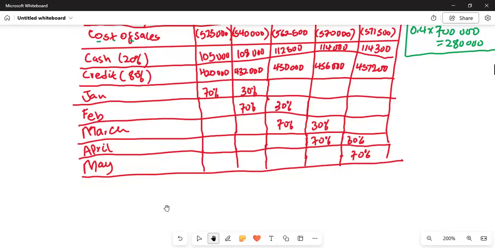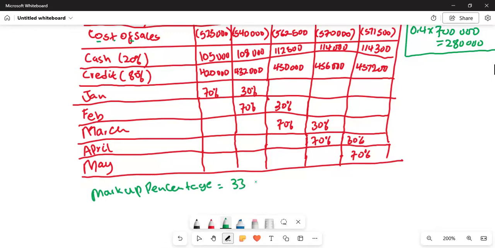As we are going to calculate the cost of sales, we know the markup percentage. If you can still remember, the markup percentage is equal to 33 and a quarter percent, which we were given under additional information.